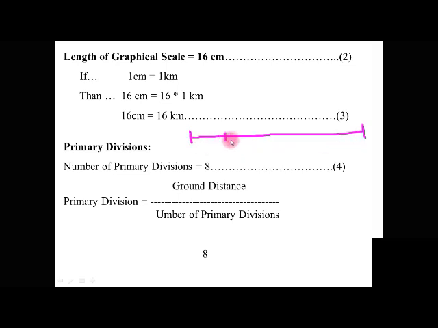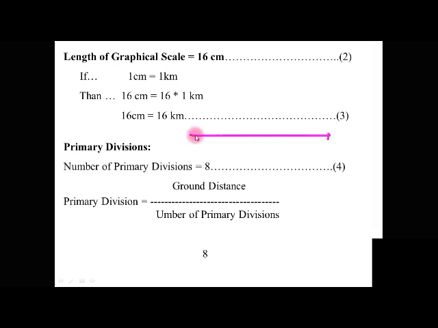That is the total length of the graphical scale, and we have decided that this graphical scale we are going to divide into 8 equal divisions. That means the total length of this graphical scale is equal to 16 kilometer.